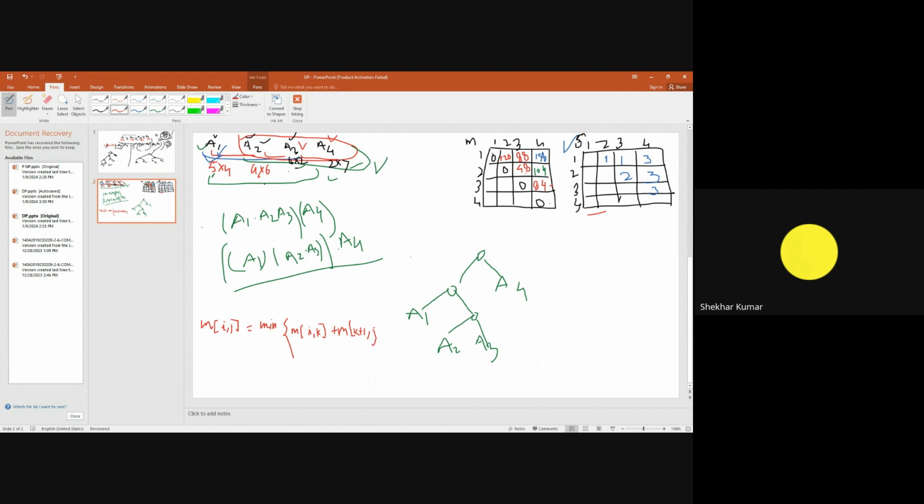So I have covered all the matrices. In the first I have i to k, then k plus 1 to j, and the overall cost.